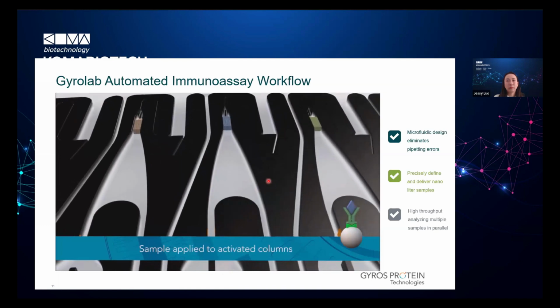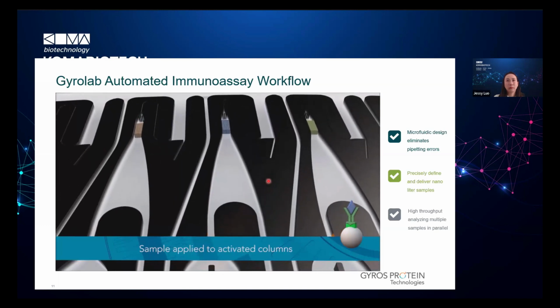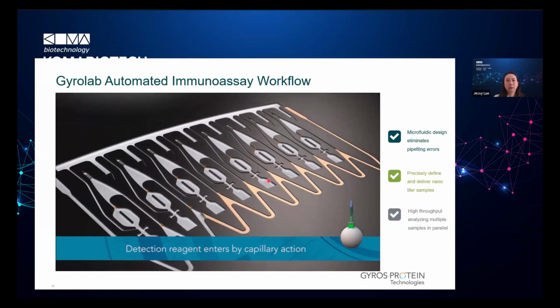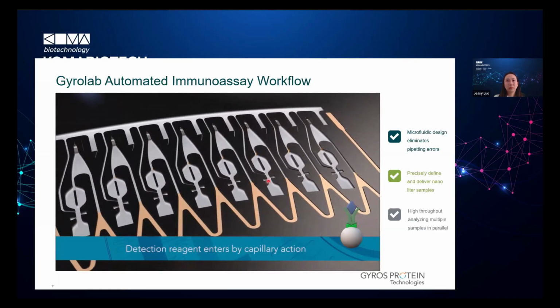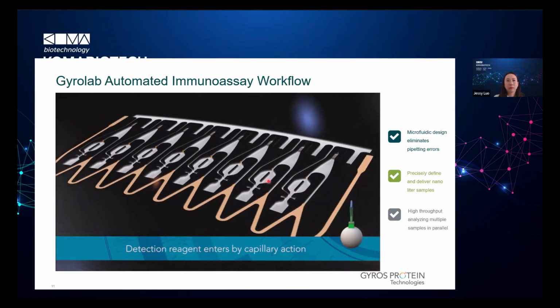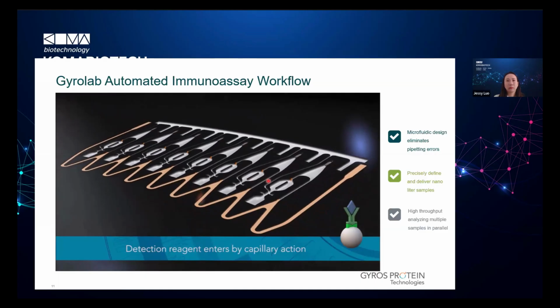With a higher spin of the CD, the sample enters the affinity capture column. The fluorescent labeled detection reagent is added through the common channel, and the centrifugal force drives the detection reagent over the columns.